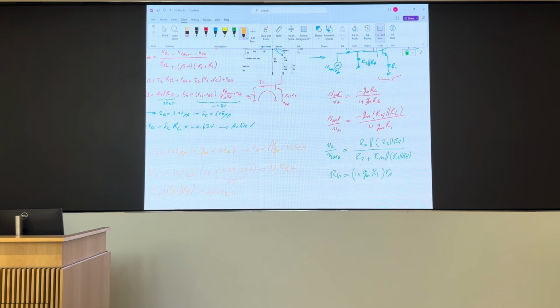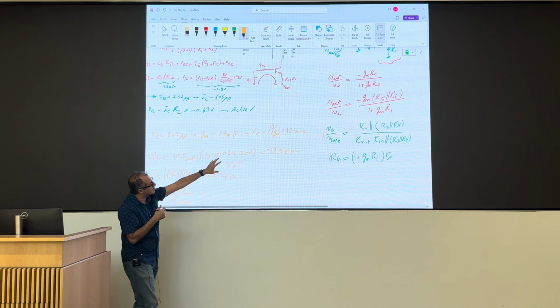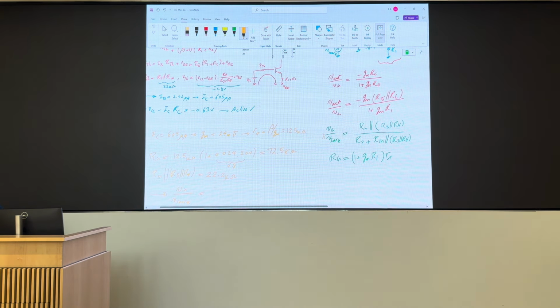Now that I have that, I can find this ratio. So the ratio is the combination of those resistors over R7 plus that. It's a voltage division. So it's 22 divided by 10 plus 22. That's 0.69.